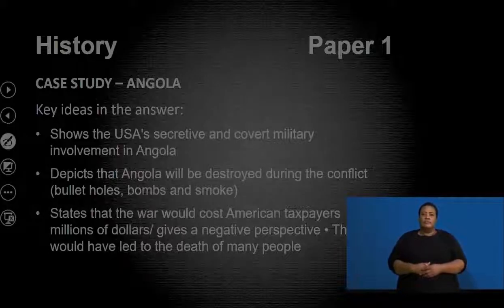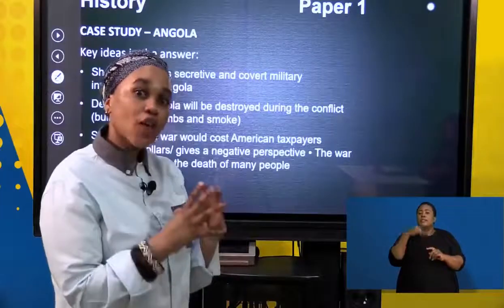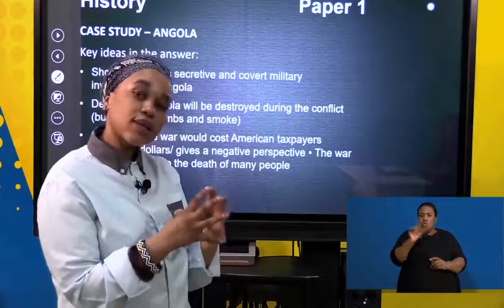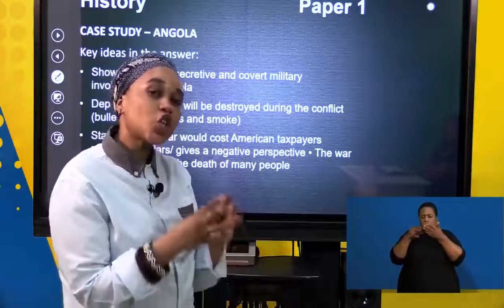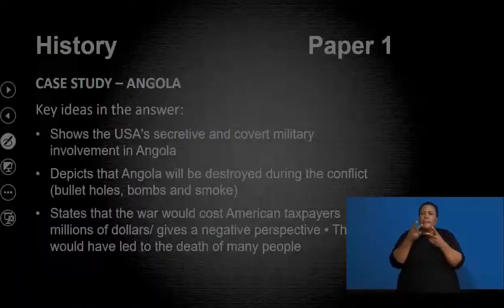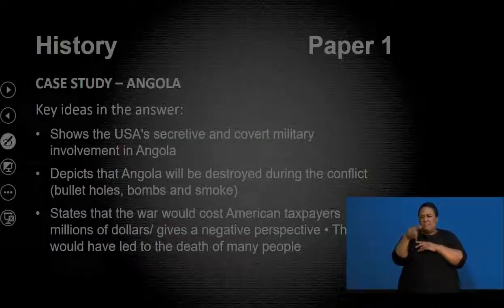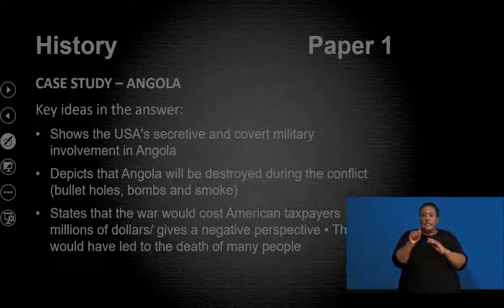Okay, so the key ideas in your answer there, remember I told you that you have to tell us what the message of the cartoon was, and you need to use visual clues from the cartoon. So the key answers that you can give there are, it shows the United States' secretive and covert military involvement in Angola.